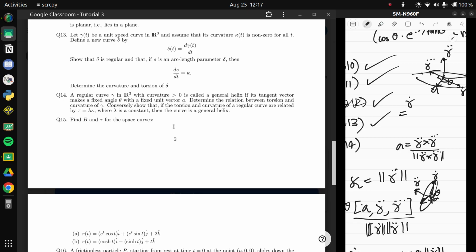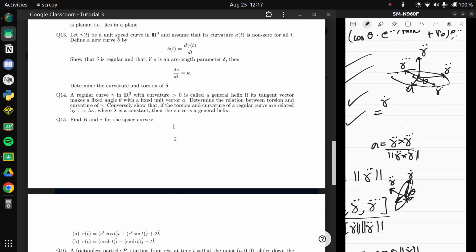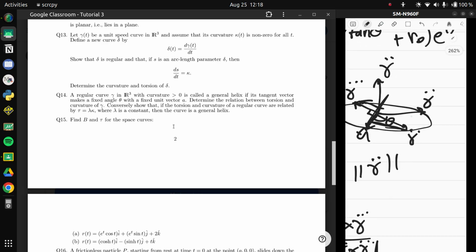So just the parallelepiped. A is a magnitude of 1 in any case, and then the magnitude of gamma double dot, and then the height is what we go for. So this angle is theta, this is 90 degrees, so this would be theta minus pi by 2.